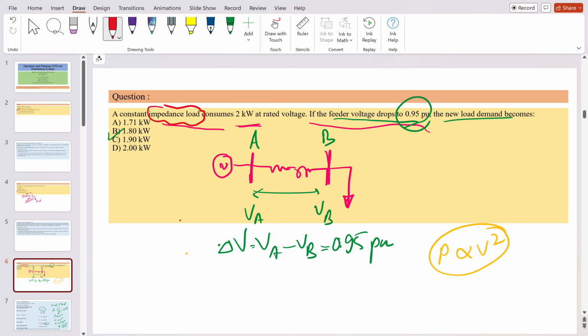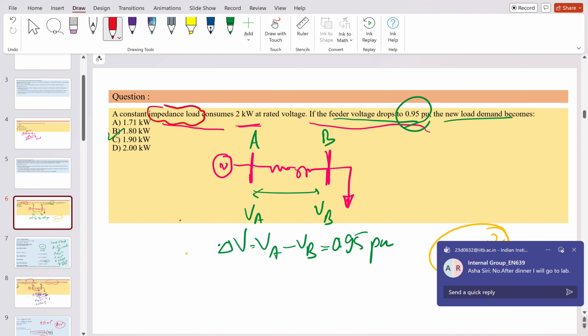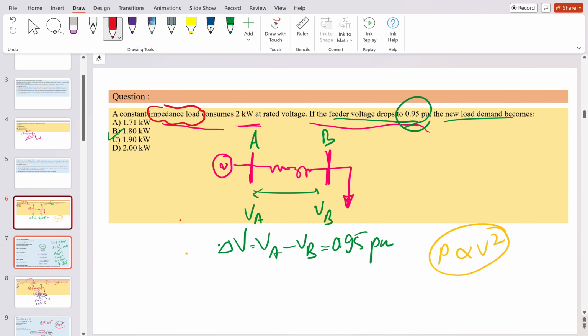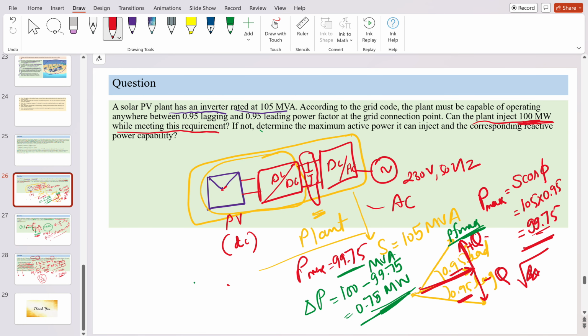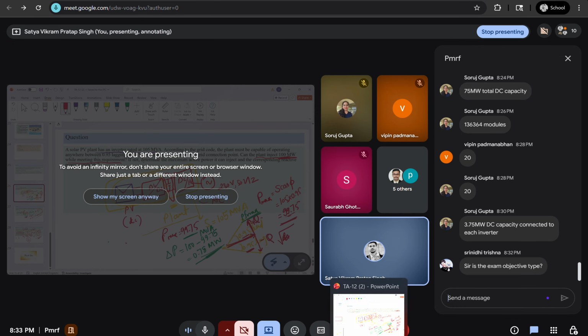Okay then, best of luck for your exam. Try to do your best and try to revise all the stuff which I have given. You will get all the questions from the assignment and the tutorials only. There is nothing more than that.